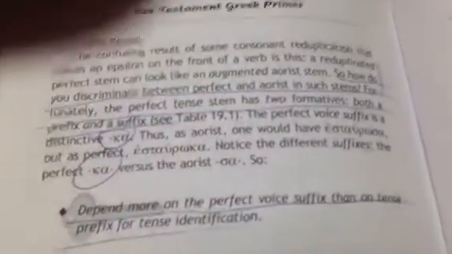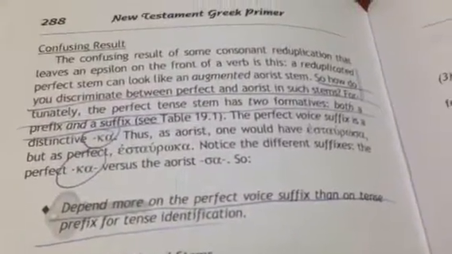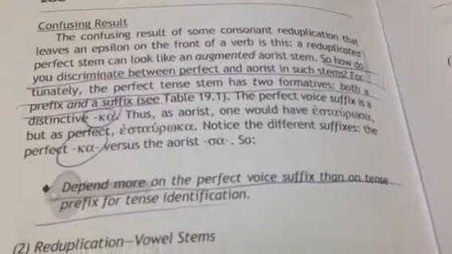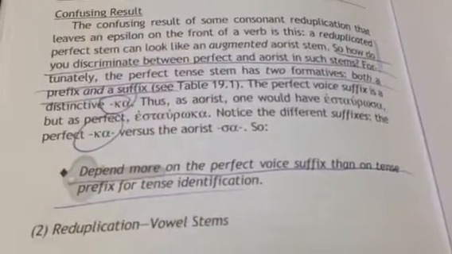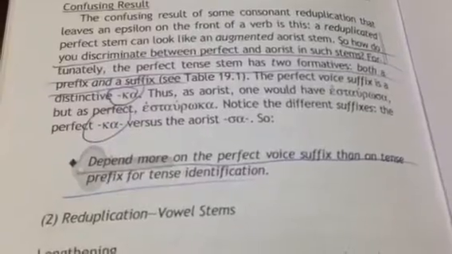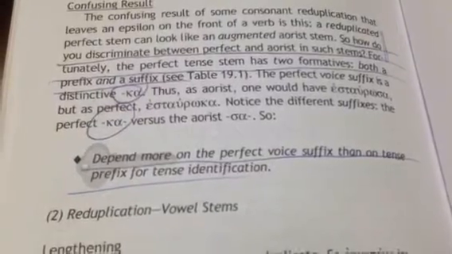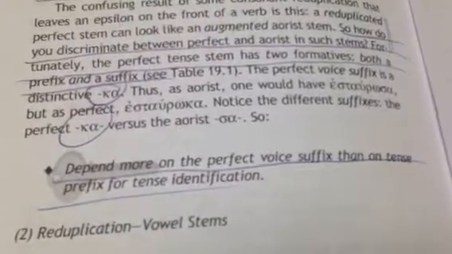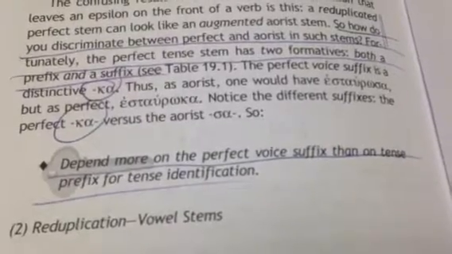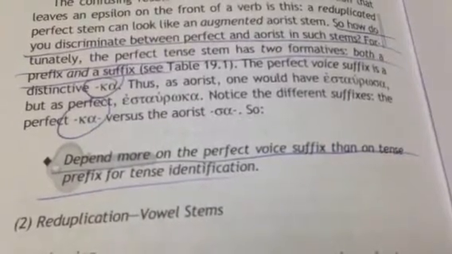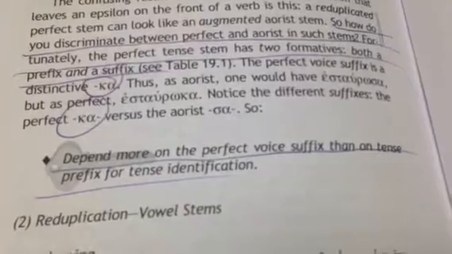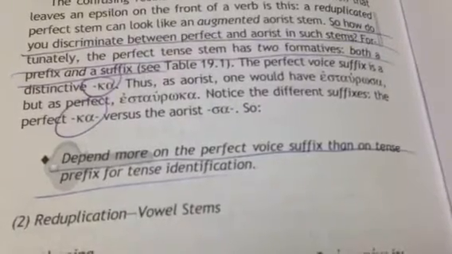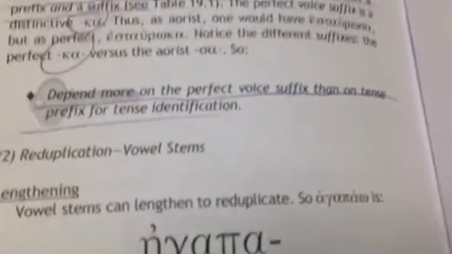Okay, if you're thoroughly confused now, or you're afraid that you're going to confuse this verb form then with an augment because you see some single vowel reduplications, no worries, because the perfect form here has a particular voice suffix known as the kappa alpha.